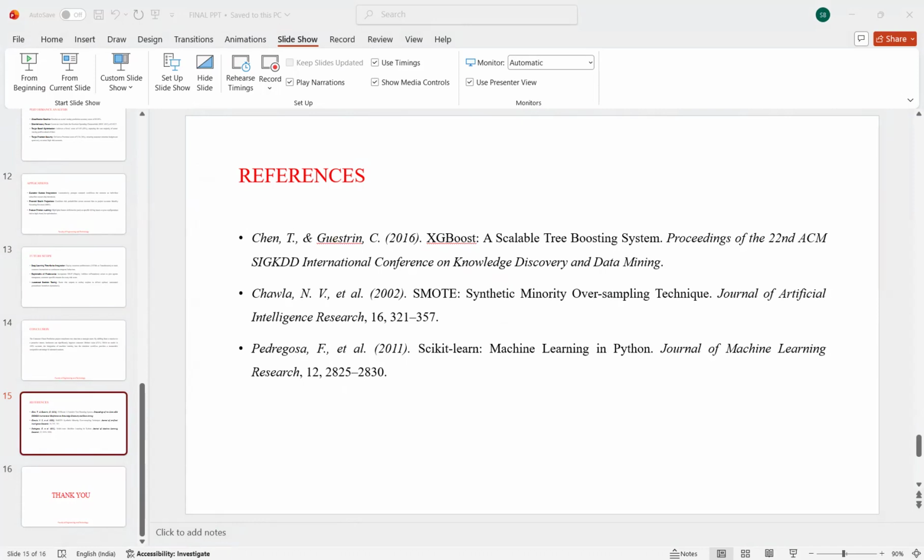Next, going on with Chawla et al., in the year 2002, Synthetic Minority Over-sampling Technique, Journal of Artificial Intelligence Research, 16, 321 to 357. Next, going on with scikit-learn, proposed in the year 2011, Machine Learning in Python, Journal of Machine Learning Research 12, 2825 to 2830.